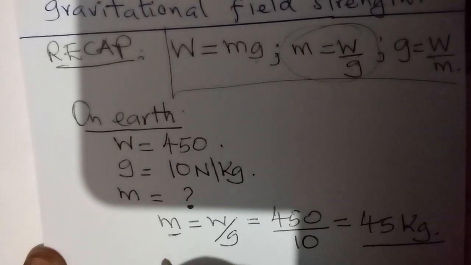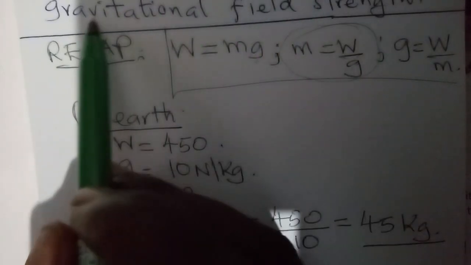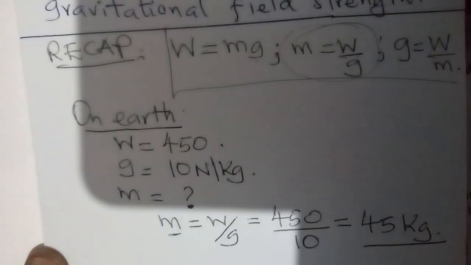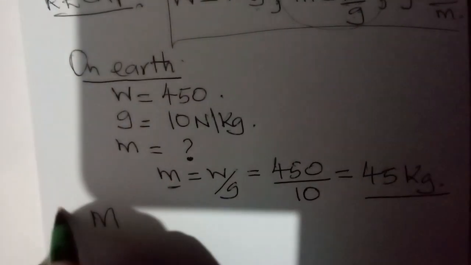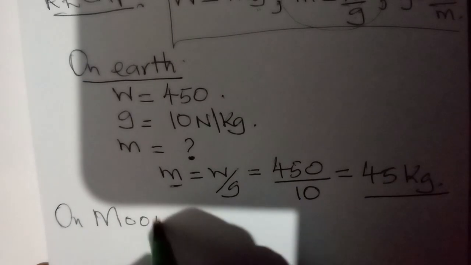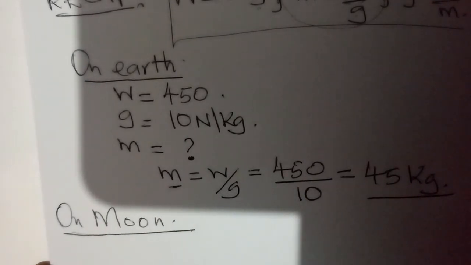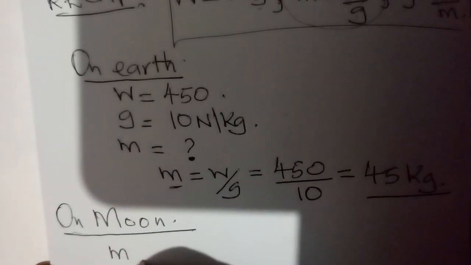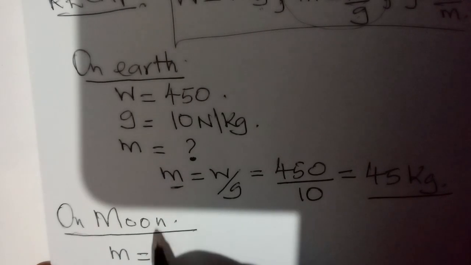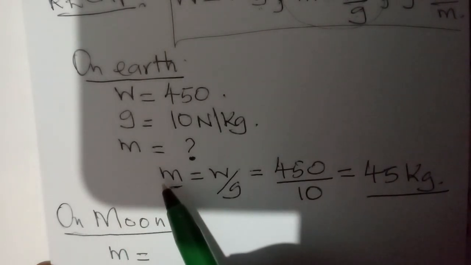Now, the question asked needs the gravitational field strength of the moon. Now, on the moon, what will be the mass of the astronaut on the moon? So we know that mass doesn't change.